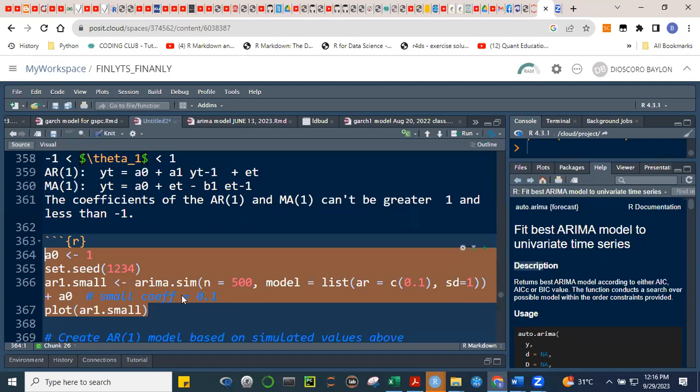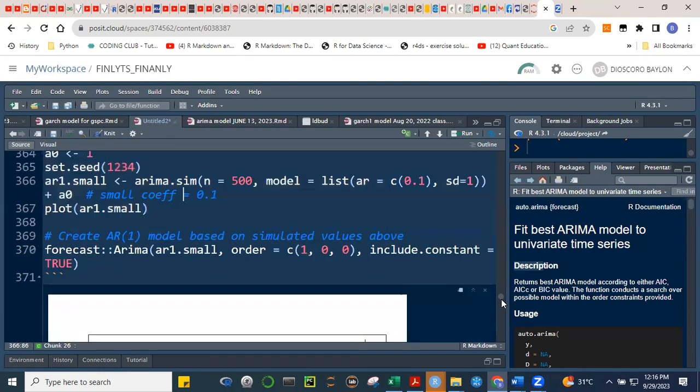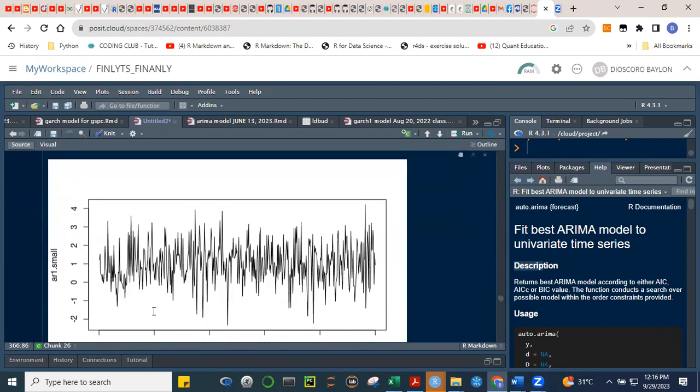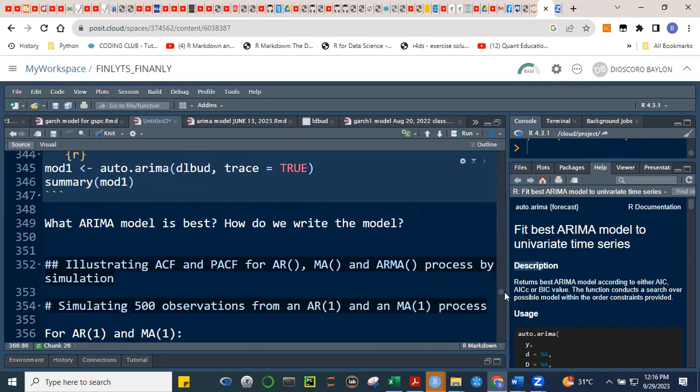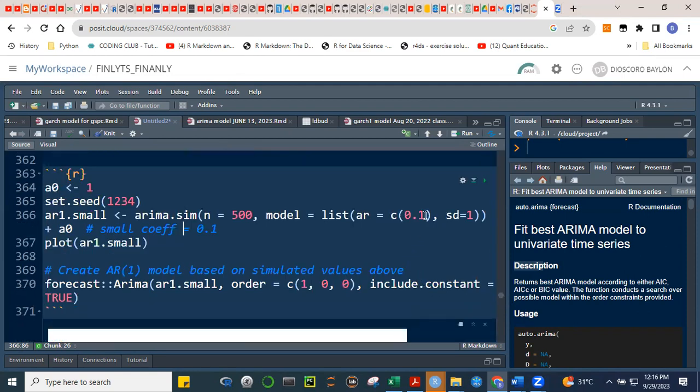Right? What we generated with arima.sim is an AR1 process. So we expect the plot to be stationary. Right? Take a look at that, class. It's stationary.